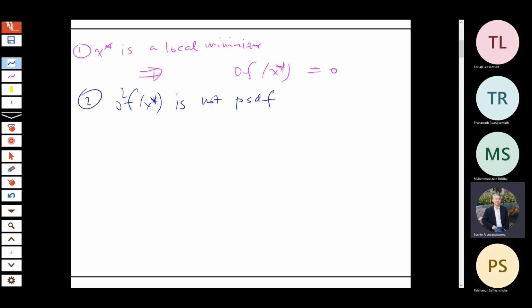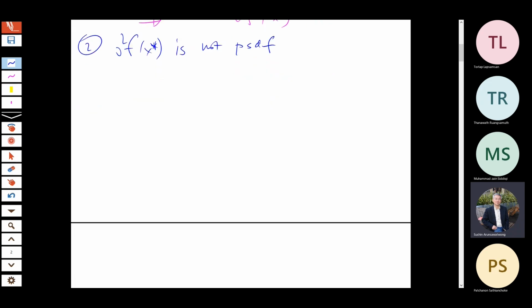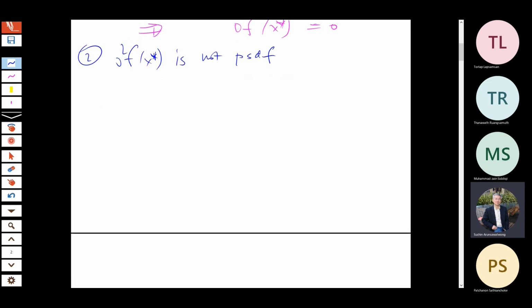So what does it mean when the matrix is not positive semi-definite? According to the definition, the Hessian matrix is positive semi-definite if and only if the quadratic function x transpose multiplied with the matrix multiplied with x is greater than or equal to 0 for all x.